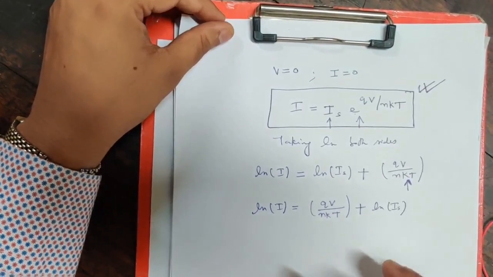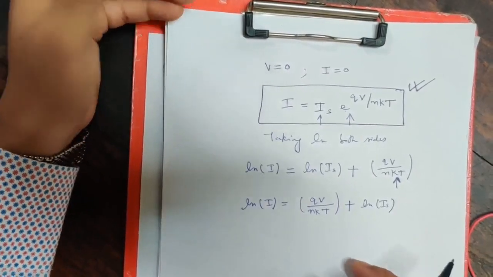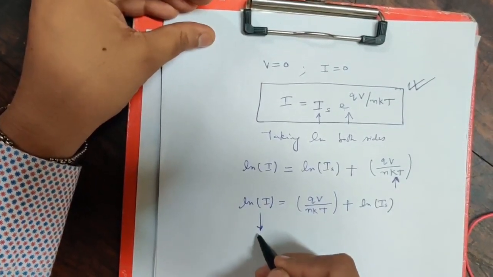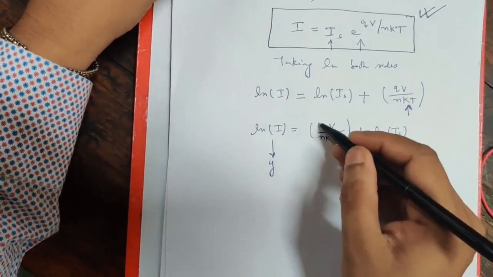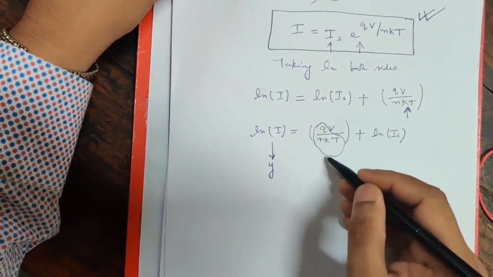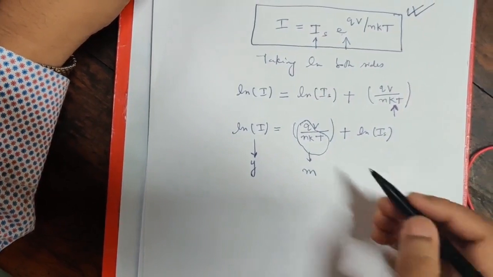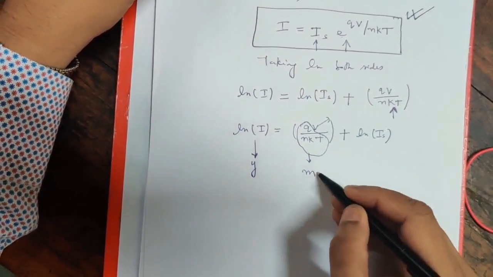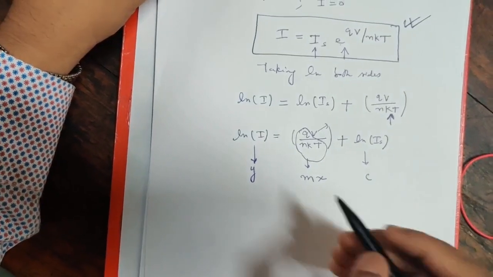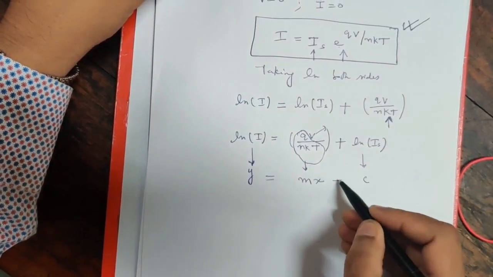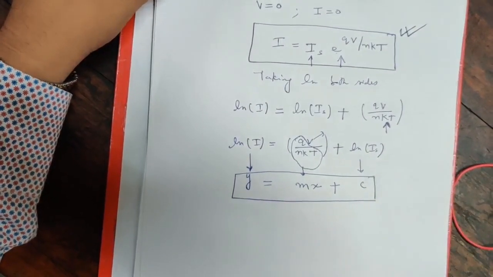IS. Yes, if you see this equation, tell me something. This I can write as Y, this part is taken as M, and this variable is taken as X, and this is my intercept C. So if you see this equation, tell me that the given equation is an equation of a straight line.